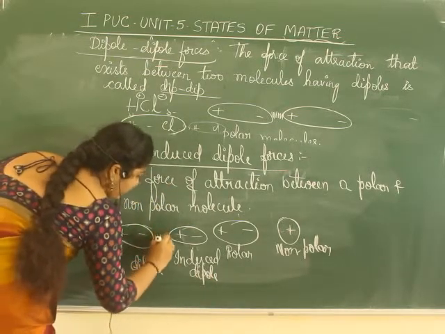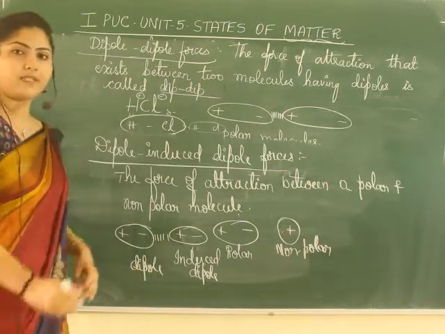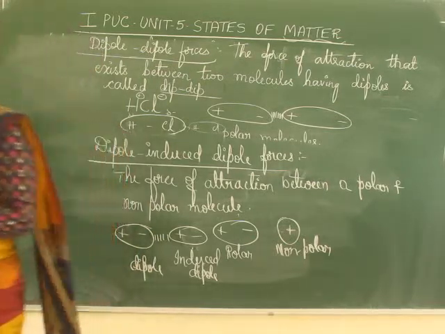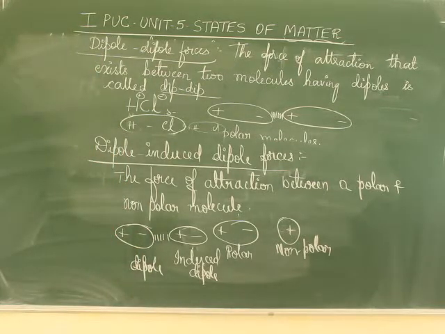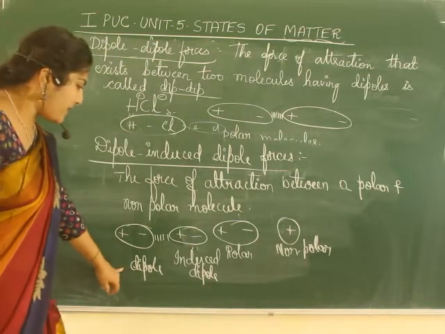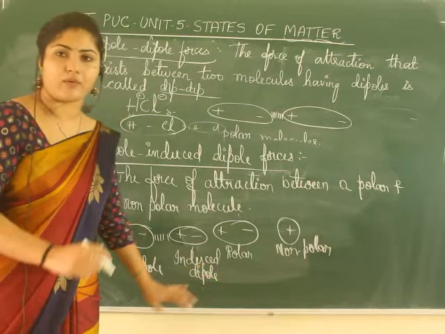Then show the force of attraction between them. Clear? If you show it this way, then it would be better if this is shown like this. Otherwise you can write here permanent dipole, here induced dipole. Okay.